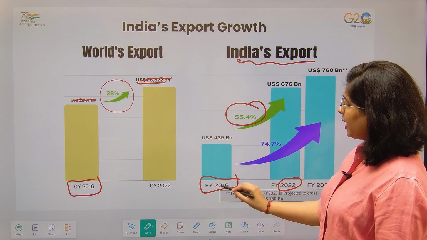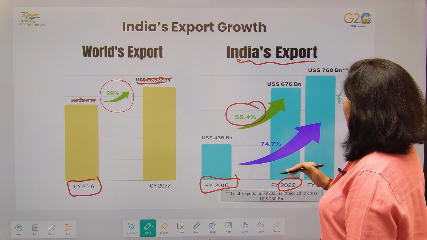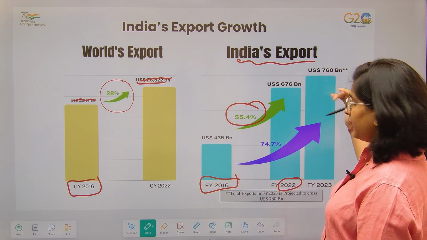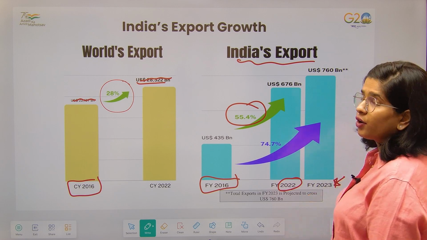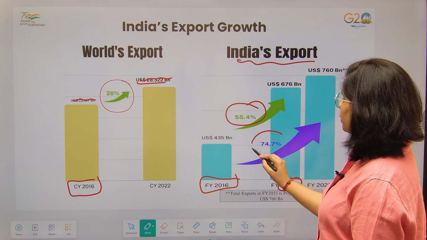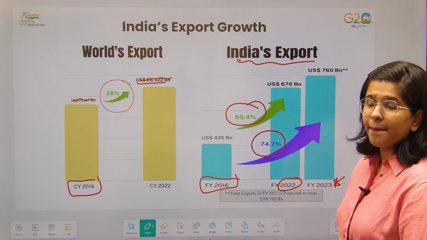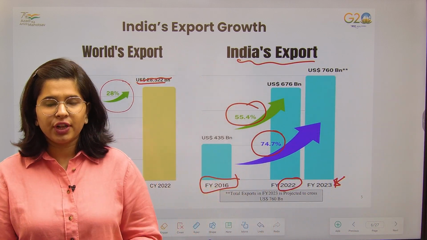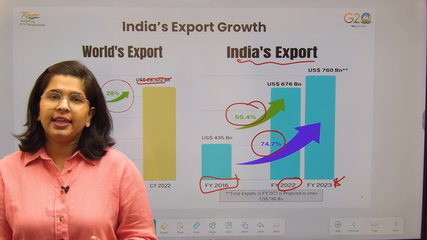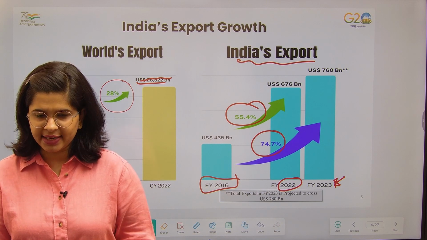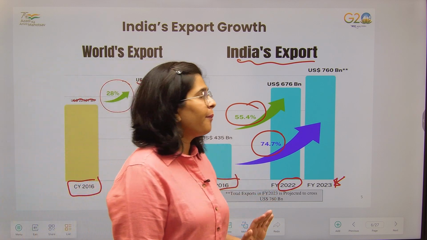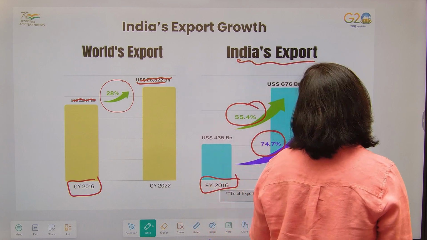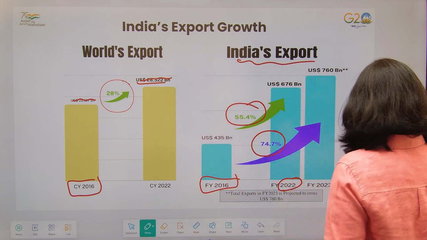And when we compare the 2016 exports with our projections for the upcoming financial year of 2023, it is going to be 74.7%, right? So you see, we are actually recording good growth in the export-related sector. Fine. So this is the comparison. What you have to remember out of this slide is the percentages. That is enough.